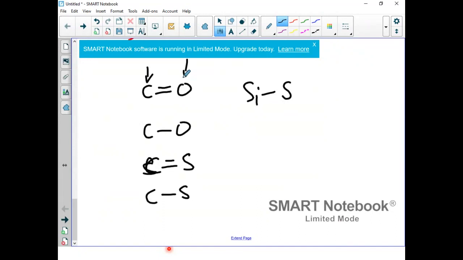Both sides are heavy atoms, and it is also a single bond. So the C=O double bond should have the highest stretching frequency, and Si-S should have the lowest stretching frequency. That's just something I ask you to do qualitatively. I'm not asking you for any computation, but you must be able to do the comparison.